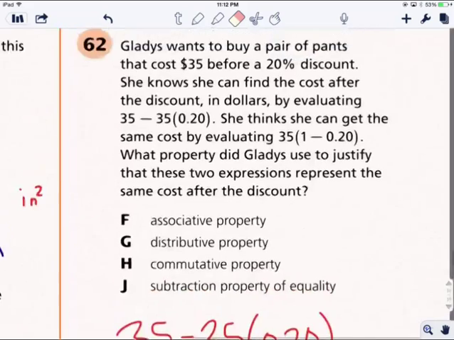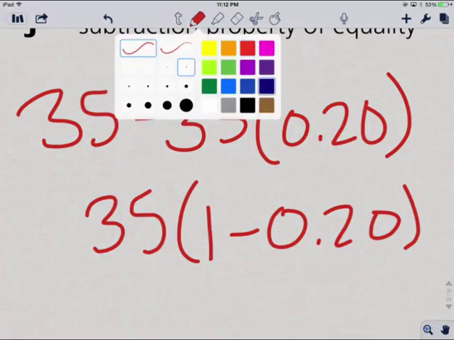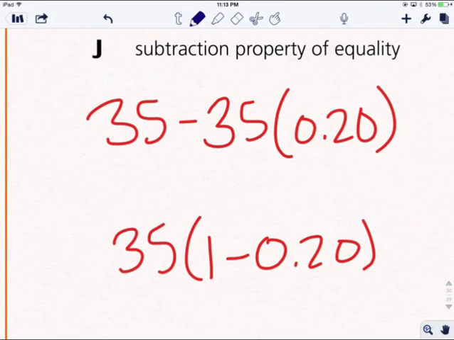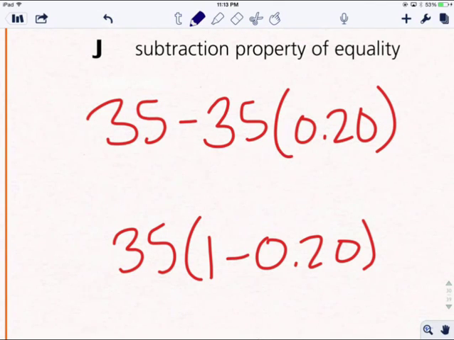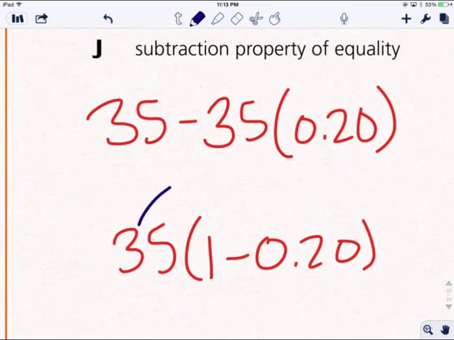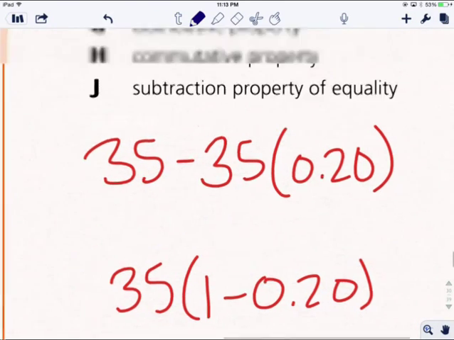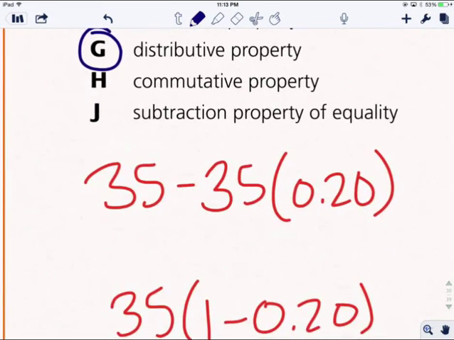Now the question is basically asking us which mathematical property says that these two expressions are the same thing. Well, it's kind of hard to tell how you might go from this expression to this expression. It's easier to see how you would go from here to here. What would you do? You would distribute, right? You would distribute the 35 in order to get this expression. So the property that we're looking for is the distributive property. I hope that's what you said.